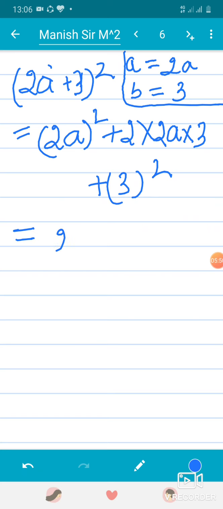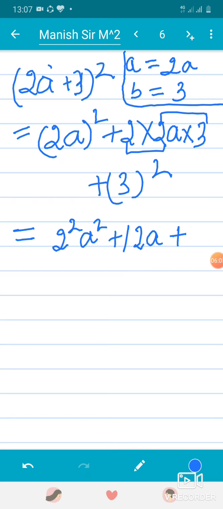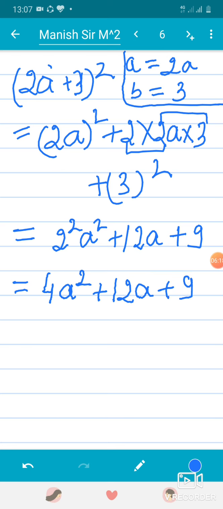For solving it, 2a square means 2 square into a square, plus 2 into 2a into 3. 2 2s are 4 and 4 3s are 12a, and the square of 3 is we know 9. 2 square is 4, so the answer is 4a square plus 12a plus 9. This is the simplification of 2a plus 3 whole square. This is your simplification answer.